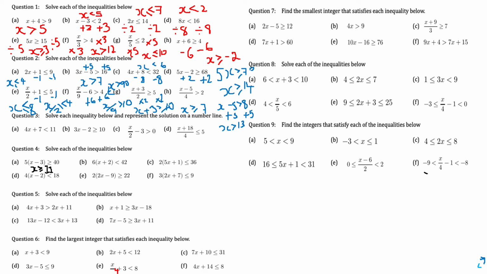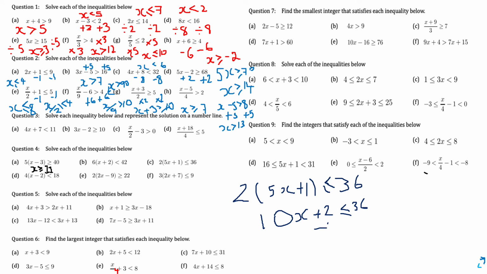Okay, part C. I've got 2 lots of 5x plus 1 is less than or equal to 36. So expanding this bracket out, 2 times 5x is 10x, 2 times 1 is positive 2, and that's less than or equal to 36.